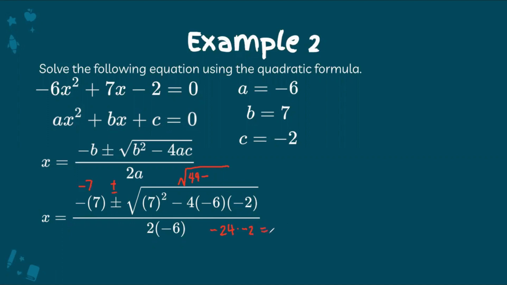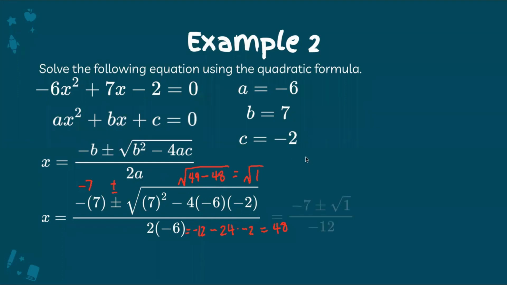Our negatives would cancel, and we would get +48. So this would be square root 49 minus 48. And that could just simplify to square root 1. And then finally, 2 times -6 equals -12.